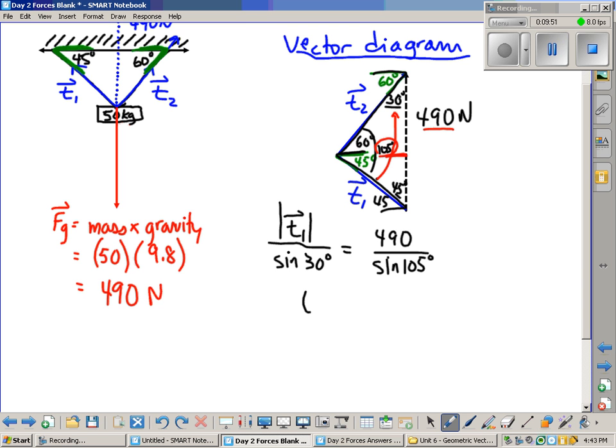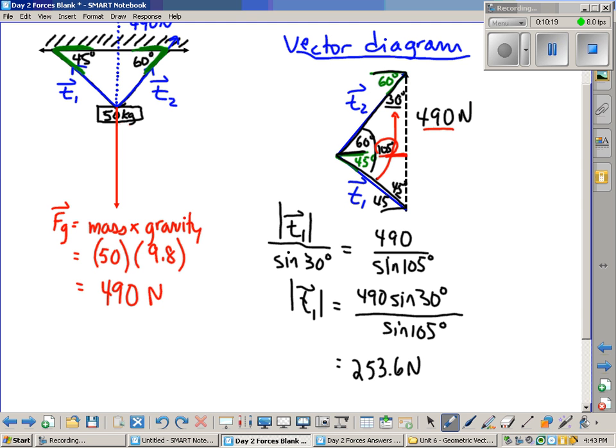The reason I put T1 up there is so that my math is relatively easy, in that since it's being divided by sine 30, I'll multiply, so it'll be 490 sine 30 degrees over sine 105. Punch that in my calculator, and I'll give you a second if you want, but the answer should be 253.6 newtons.